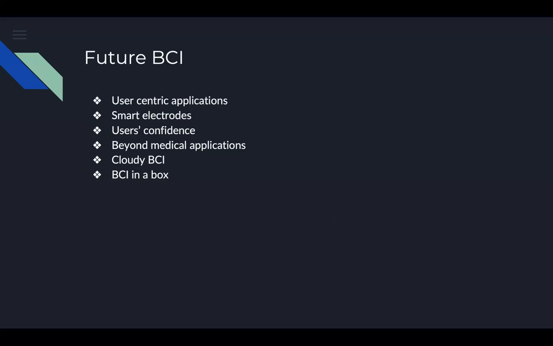Beyond user application, as I mentioned before, it should be for everyone, not just for people who are facing neurological disorders. Next, we have seen in movies or dramas cloud BCI, where people use their brain to operate things.